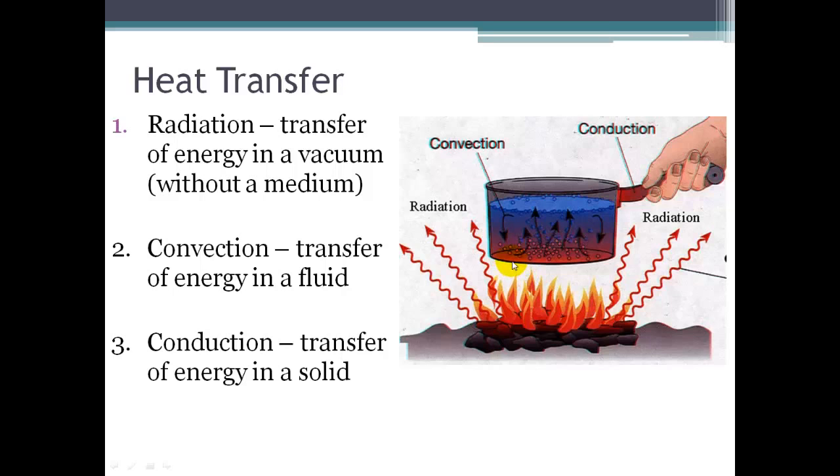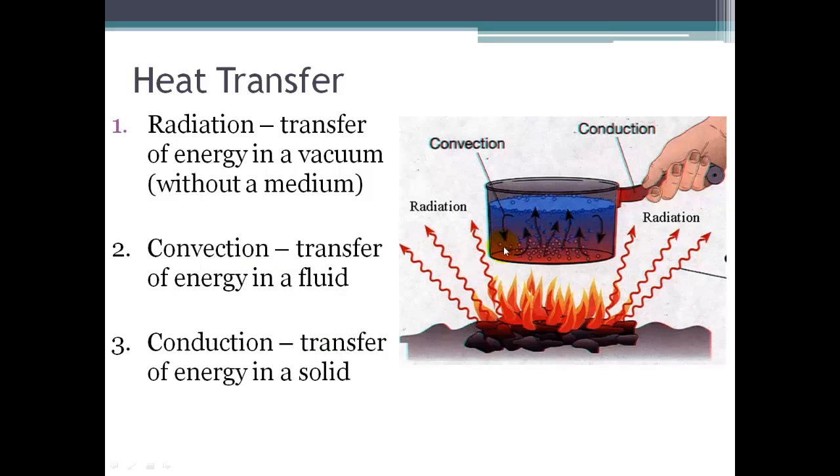The molecules that make up the metal are tightly packed, and as they warm up via radiation, the bottom layer of molecules heats, it warms the next layer, and so on. That's why we have plastic handles or wooden handles on our pans, because metal would get too hot too quick to be able to touch. So we transfer energy through conduction in this way.